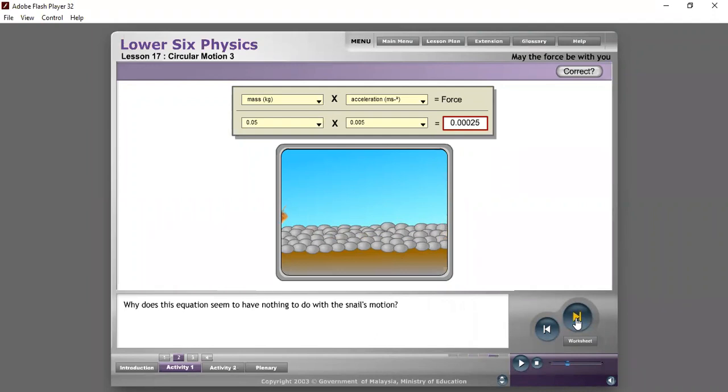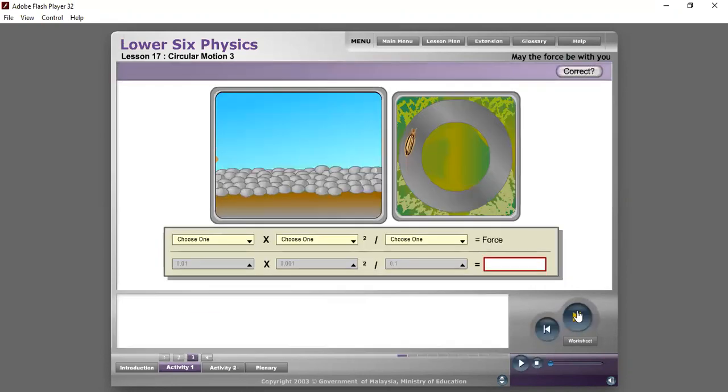Why does this equation seem to have nothing to do with the snail's motion? Answer: the snail does not seem to be accelerating. Because there is no acceleration, this means no force.